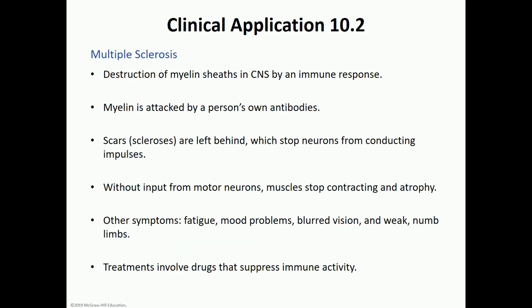So what is multiple sclerosis? Remember we said that the myelin sheath assists in the propagation of the action potential. It helps electricity go through that nerve. Multiple sclerosis is an autoimmune disease where the immune system makes antibodies against its own myelin sheath.